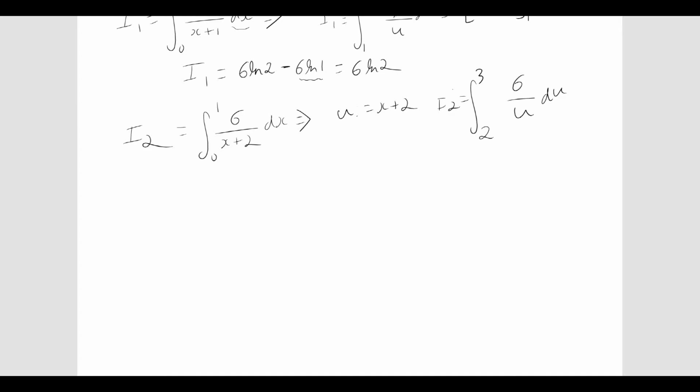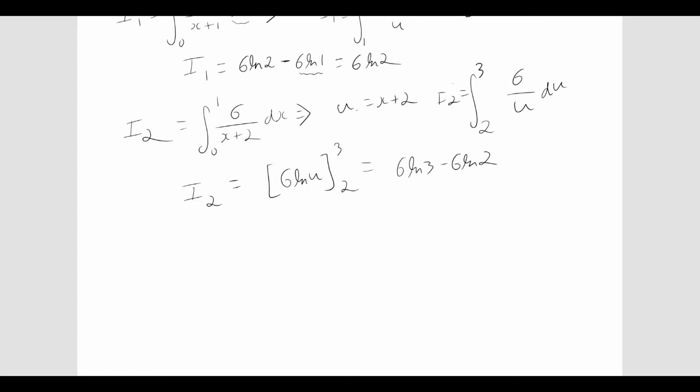Du by dx is 1, therefore du is dx. So I2 is equal to, this time, 6 log u, from 2 to 3. So I have 6 log 3 take away 6 log 2 for my I2.